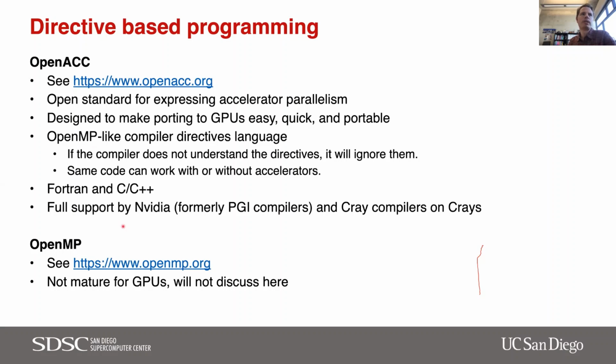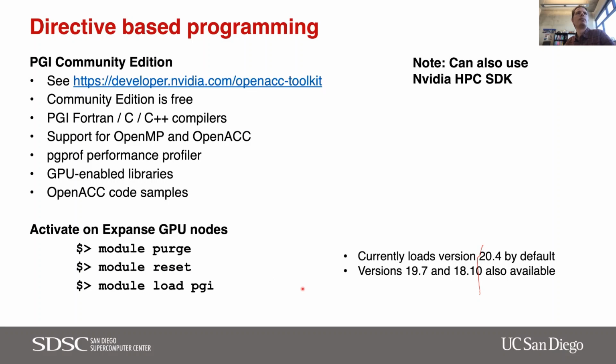OpenACC is fully supported by the NVIDIA compilers, but also Cray compilers on Cray machines. Then there's OpenMP, but as I said, it's not yet mature for GPUs, so I wouldn't use it at this point in time, at least. There are the PGI Community Edition compilers. You can still get those from the NVIDIA website.